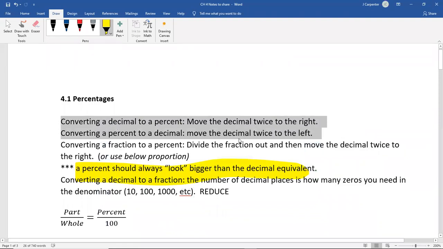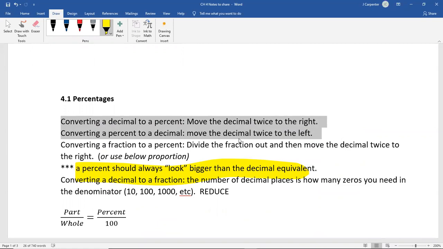Awesome. All right. So, as a reminder, the way I like to do things, instead of just remembering absolutely, if I'm going this way, it's twice to the right, if I'm going this way, it's twice to the left, I like little tricks to help me remember things. So I said that a percent number should always look bigger than its decimal equivalent.